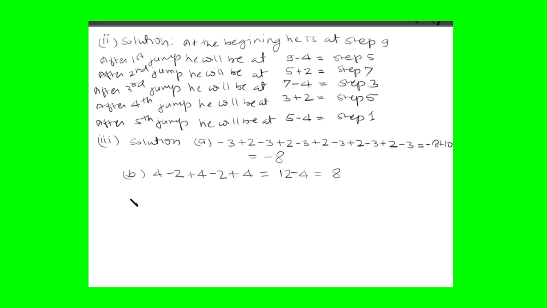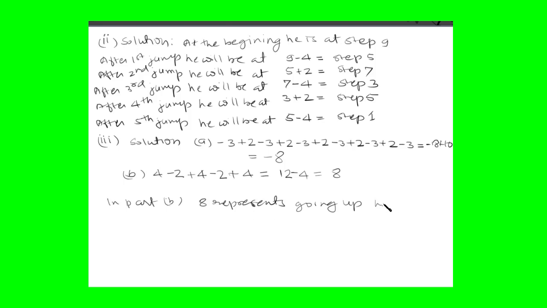And if part B represents 8 steps up, then what does part A represent? So part A represents going 8 steps down. So we write like this. In part B, 8 represents going up, being a positive integer.